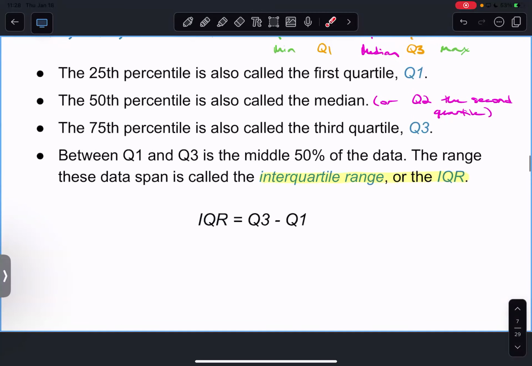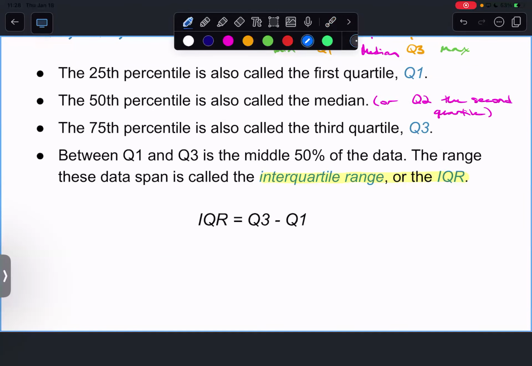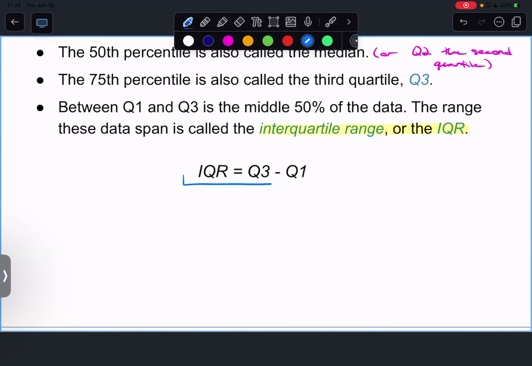So here, one of the main things that we use the interquartile range for is to find and identify outliers in our data. It is the measure of spread if you have a non-normal distribution. So let's highlight that, because that's good to remember.